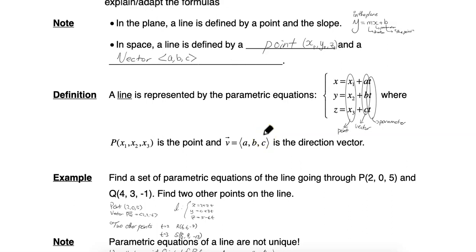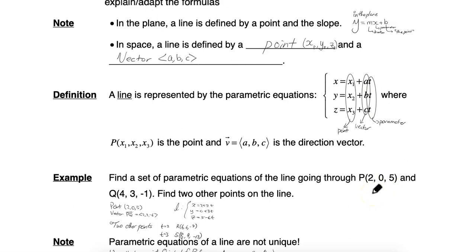So you can see how if you choose the parameter t equals 0, that will give you the point x1, x2, x3. If you choose, for example, t equals 1, it'll give you another point that goes one step away from point x1, x2, x3 along vector v.